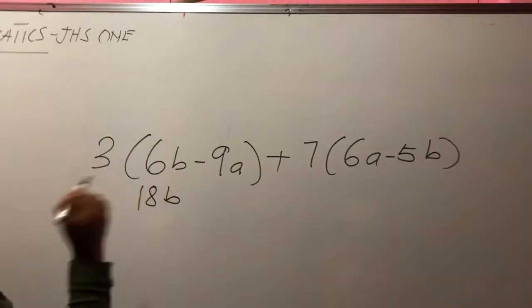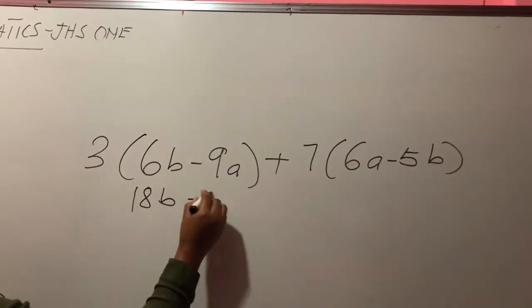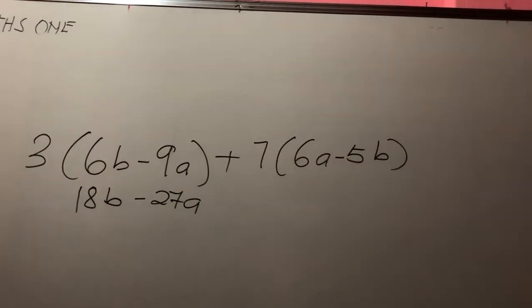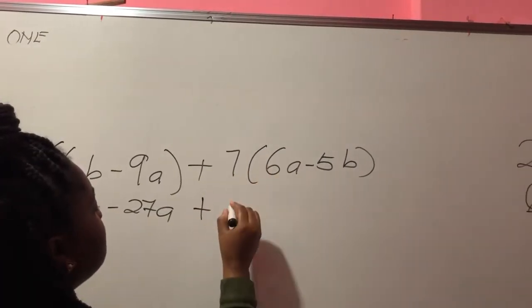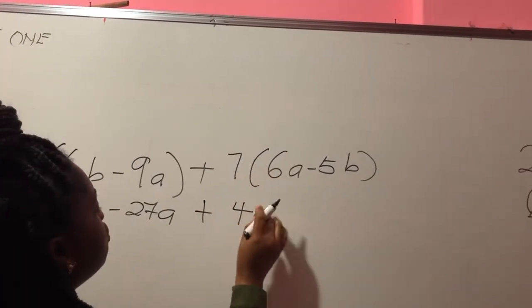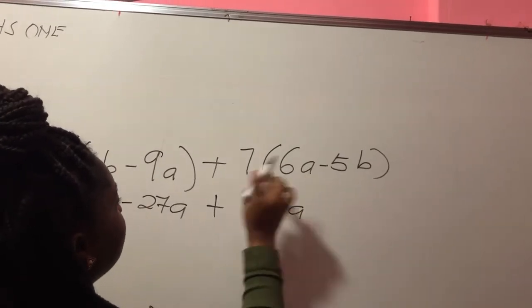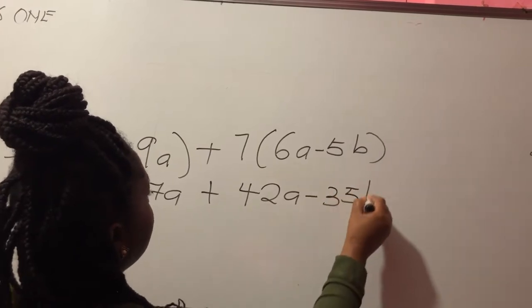Then we have 18b. And what is going on here? Minus 27a, right? And we have plus 7 times 6, 42a. And what is this? 7 times minus this one will give us a minus 35b.